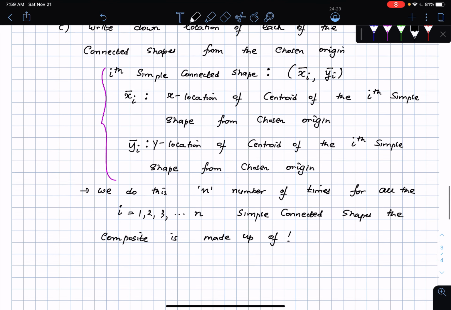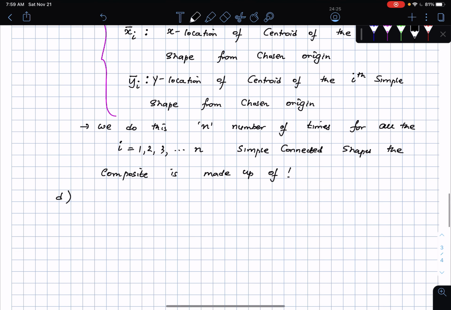Then the last step is the following. We make use of the formal definition of a centroid of a composite shape.